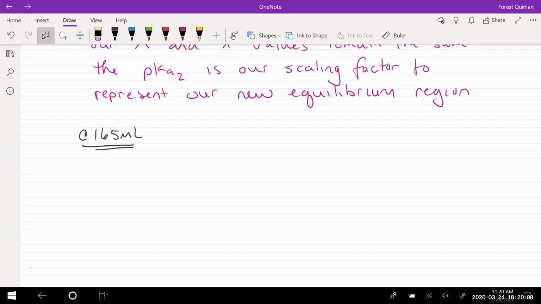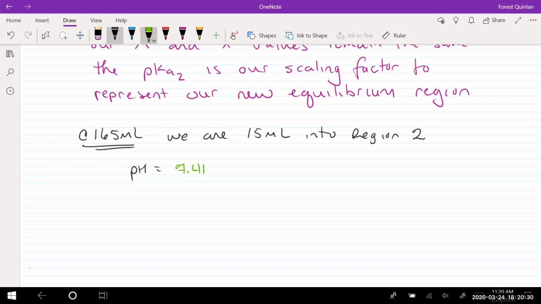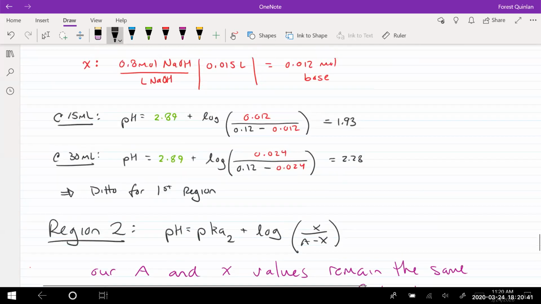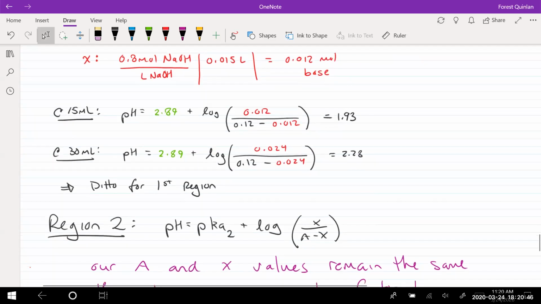So 165 mils, we are 15 mils into region 2. That means my pH is equal to pKa2, which is 7.41, plus log of, and since we are going in only 15 mils into region 2, we can go back to that increment, 0.012 moles into region 2.